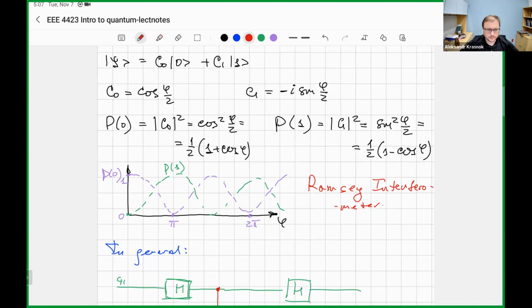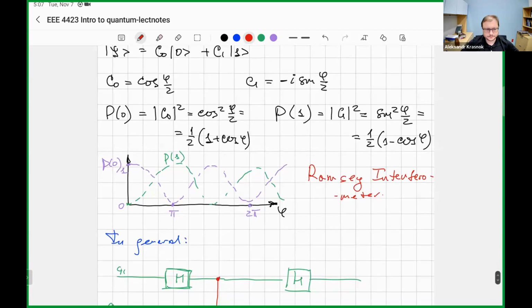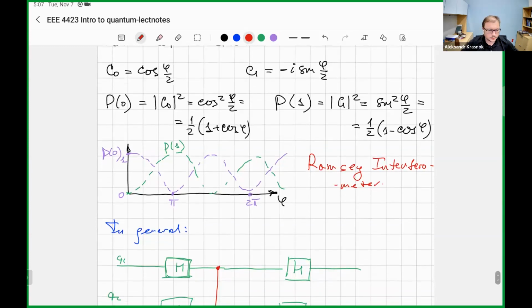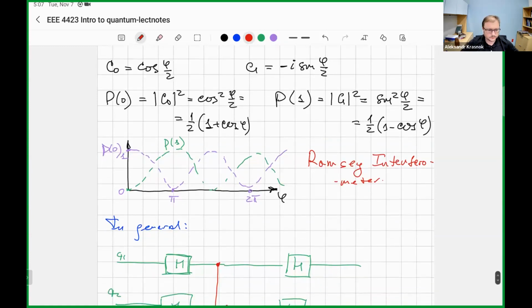For example, there are some values of the phase when we can detect only state 0 and can't detect state 1, for example for the phase 0, or for the phase 3 pi over 2.